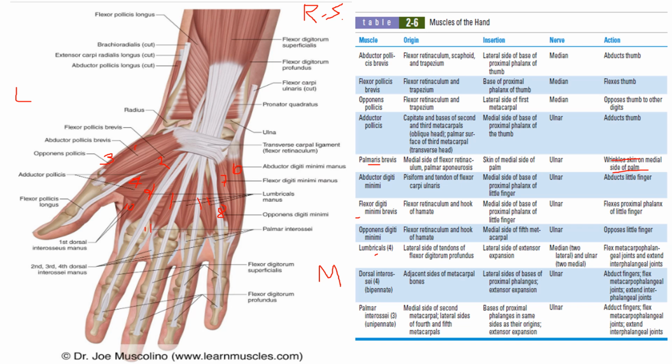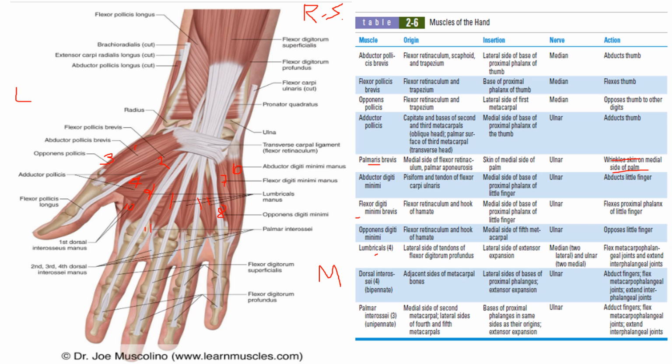In general, again, our special rule: most of the intrinsic hand muscles located in the medial side are innervated by the ulnar nerve, whereas those located in the lateral side are innervated by the median nerve. The function of the lumbricals is to flex the metacarpophalangeal joints and extend the interphalangeal joints.